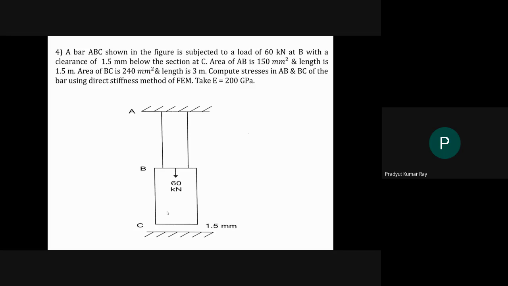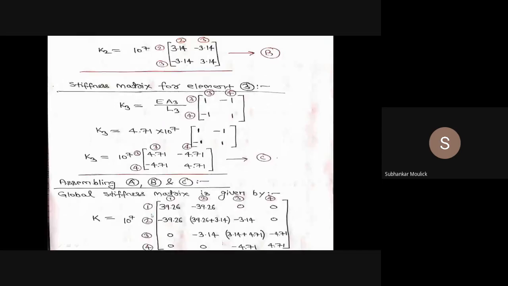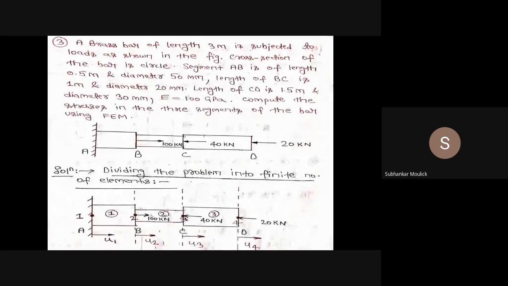Sir, I think it is all about the clearance length. Yes, you're talking very good. If you see the problem which we discussed in the last class, the other end of the bar is free. There is no fixed end. That is the number one difference.